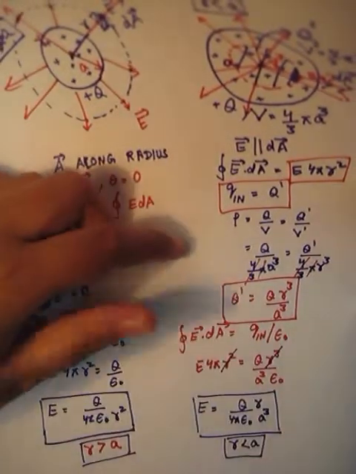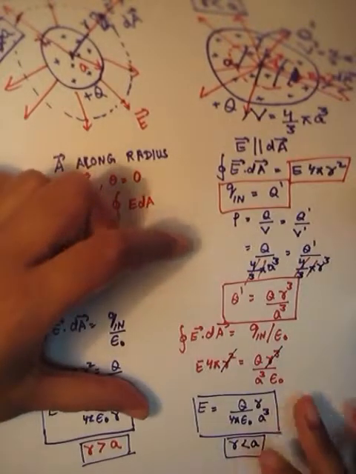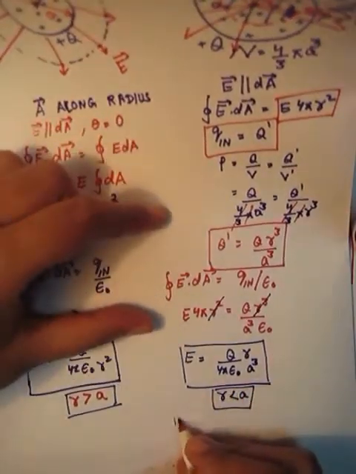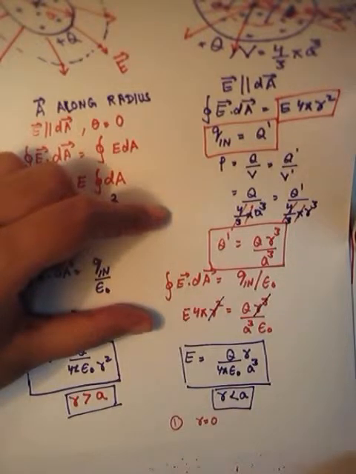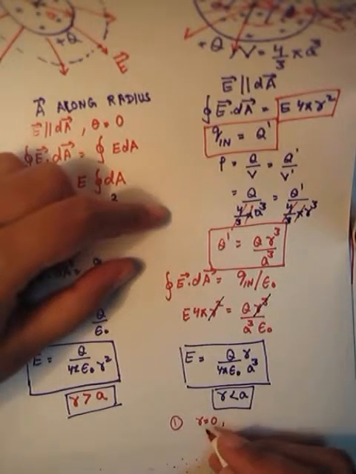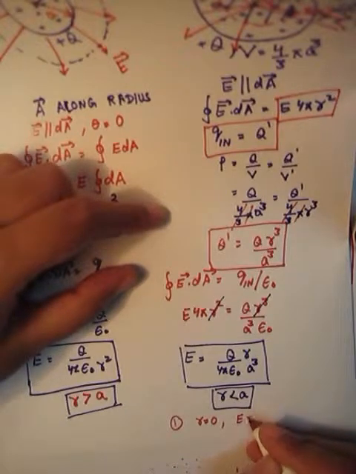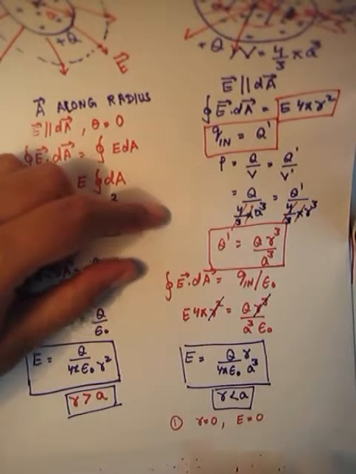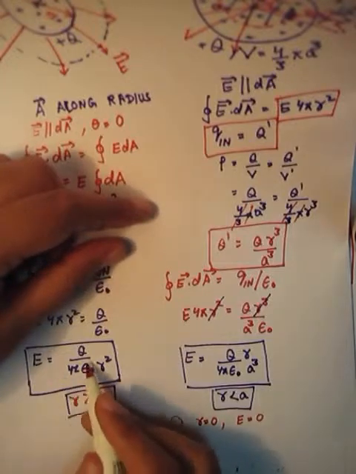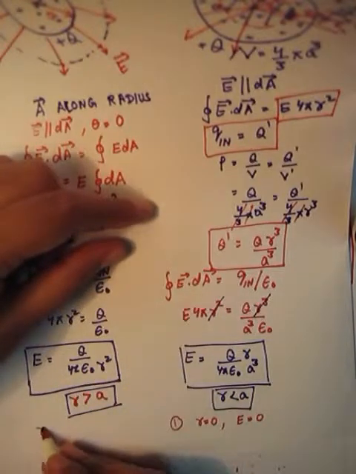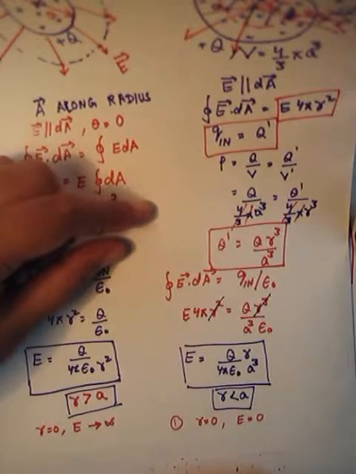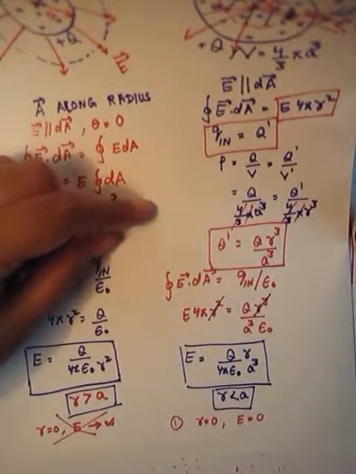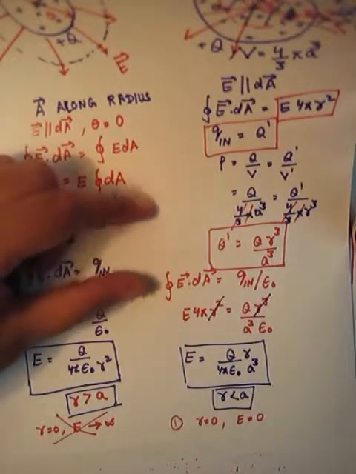Now let us check these for different situations. Let us say for the first situation, what is the electric field at the center of the sphere? Okay, so at r is equal to 0, electric field will be 0. So this is good. But if the outside formula was true inside the sphere, at r equal to 0, electric field would be infinite. So it means that this is not valid for a point inside the sphere.